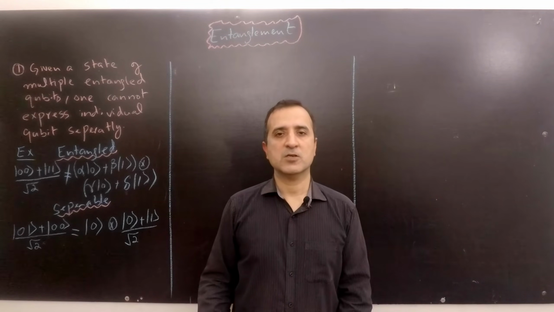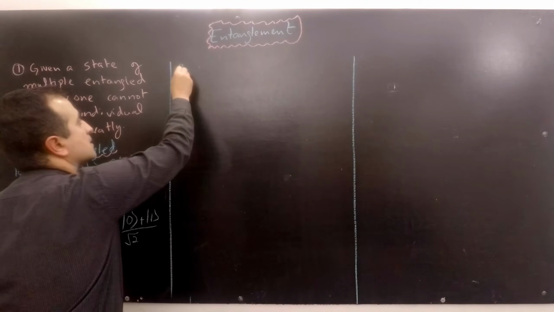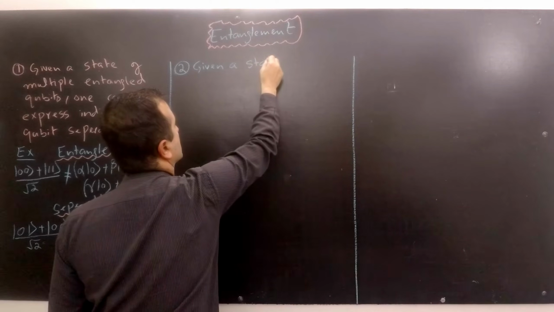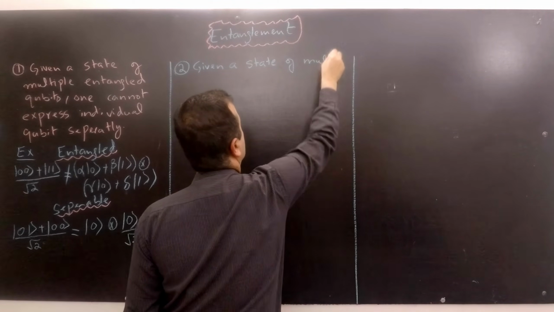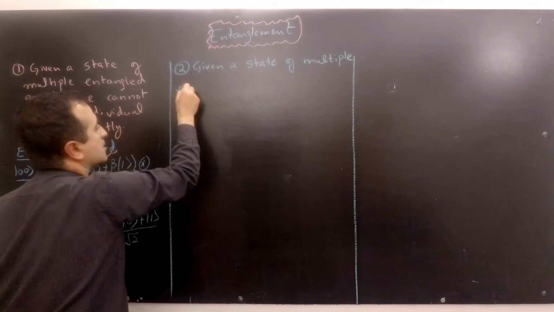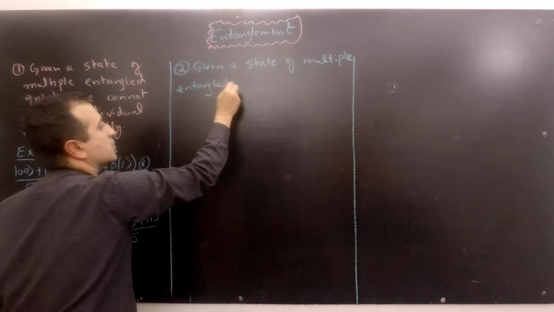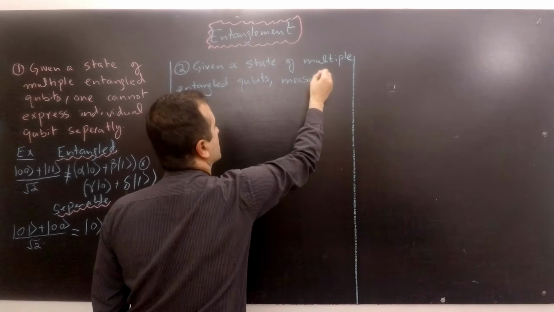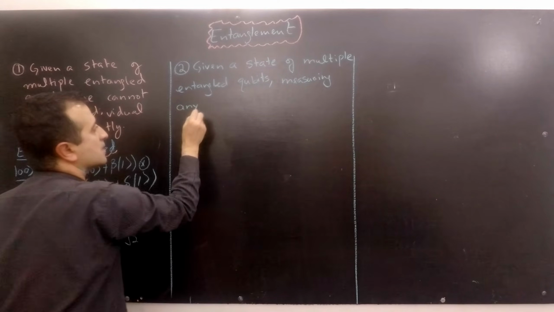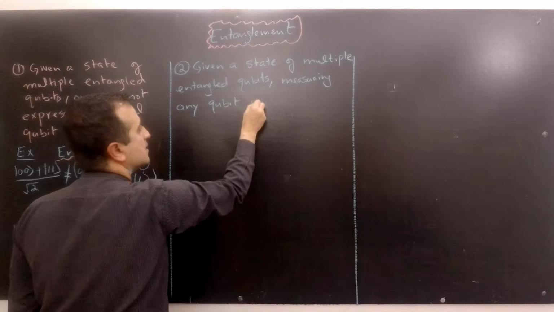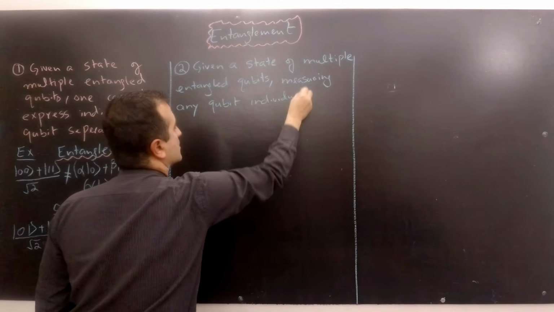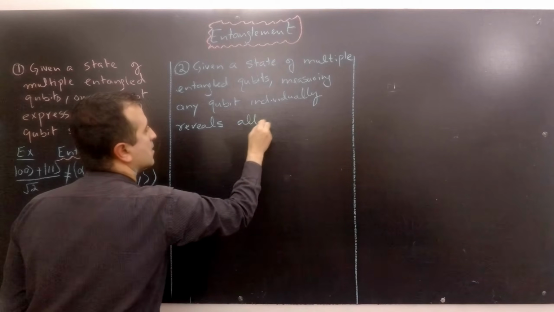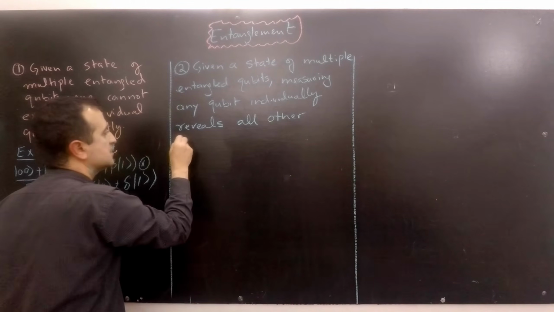So now let's do the second definition of entanglement. Given a state of multiple entangled qubits, measuring any qubit individually reveals all other qubits.